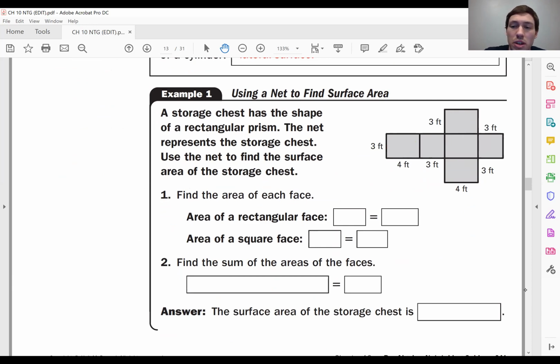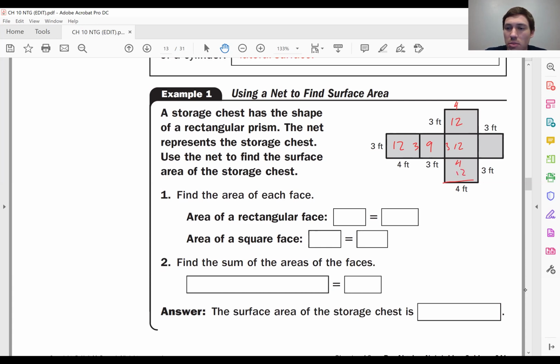So 4 times 3 is 12. Well, this distance is also 3, so it's 3 by 3, which is 9. This is 3 by 4, so that's 12. And this is 4, and this is 3, so this is also 12. And this is also 12.